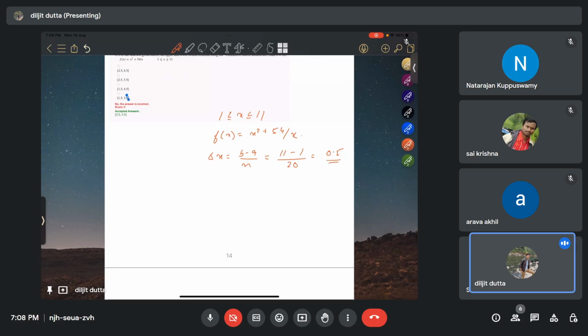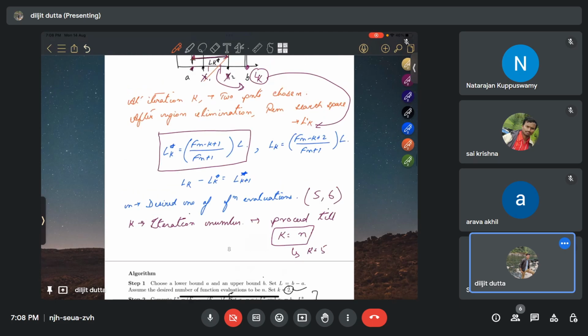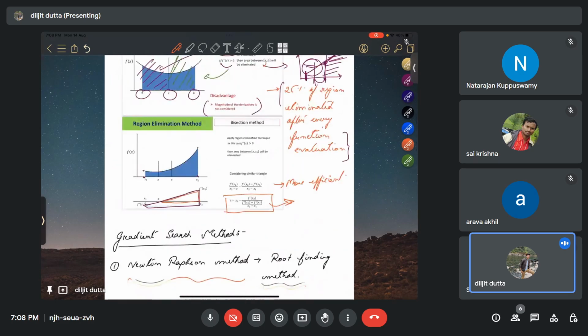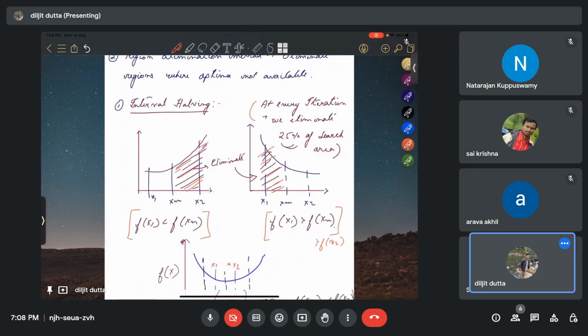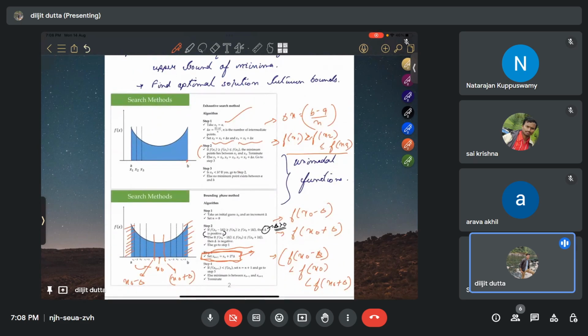Suppose we have, what is the method for exhaustive search? We'll just glance through it. This is the method. We take x1 is equal to a, so we start with a, the lower bound.